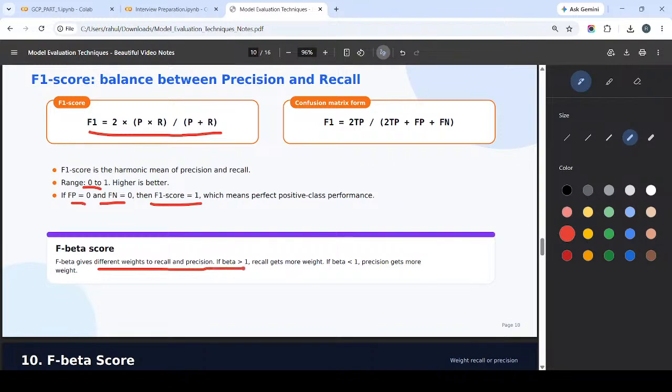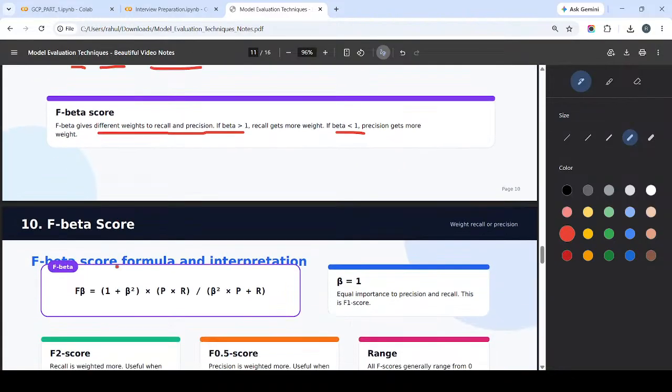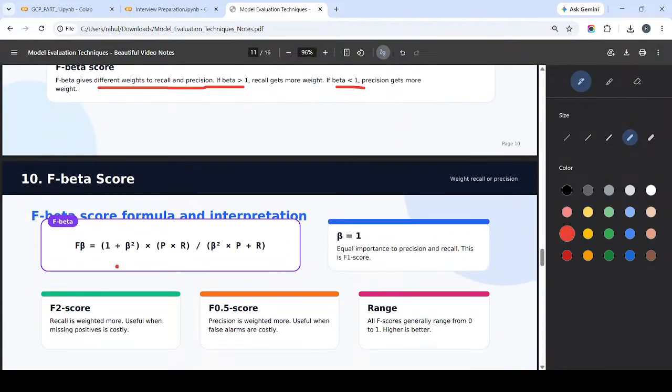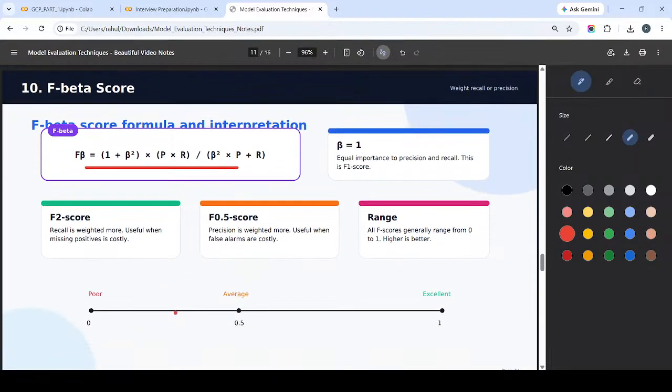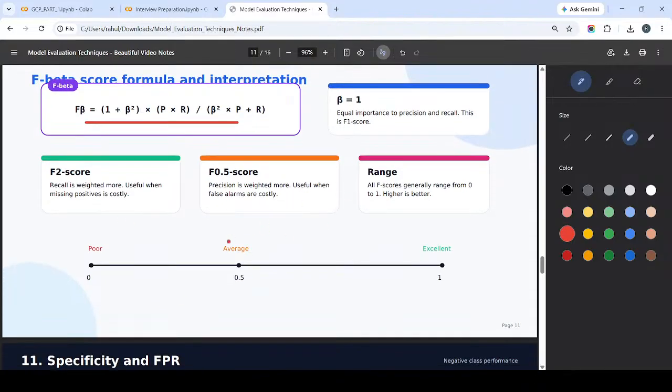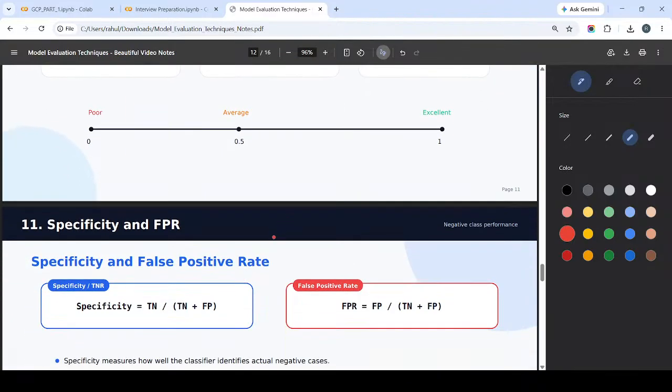If beta is greater than 1, recall gets more weight. If beta is less than 1, precision gets more weight. This is the formula for the F beta score: 1 plus beta square into precision into recall upon beta square into precision plus recall.